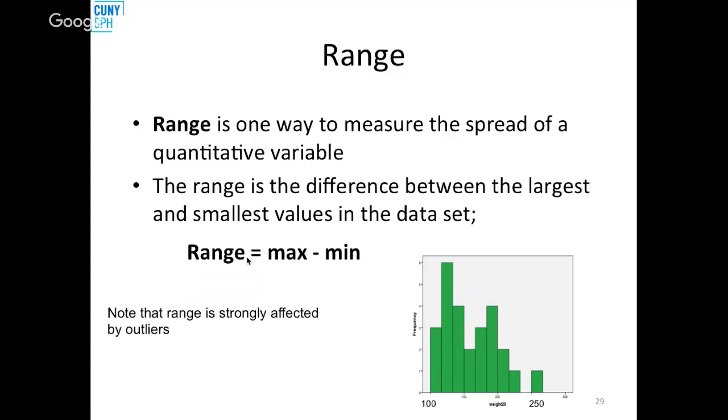So it's not even representative of the population. It's really something just representative of your sample. So it might be useful in describing your sample, but it's certainly not a generalizable thing. So in this example, the range is just the maximum 250 minus the minimum of 100, so the range is 150.